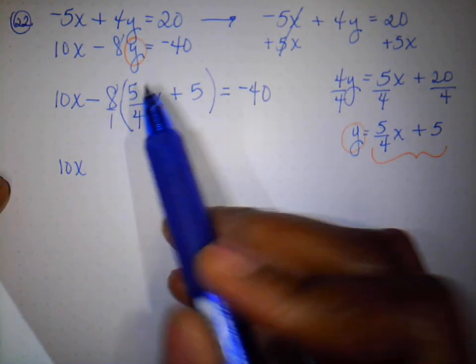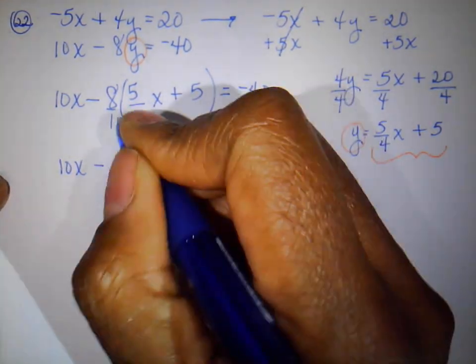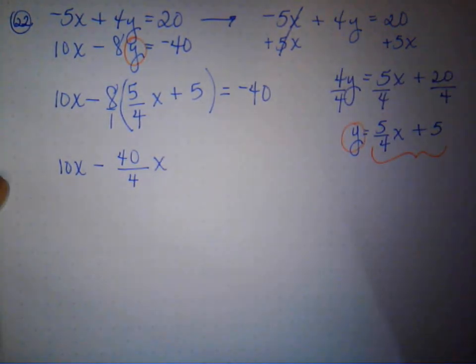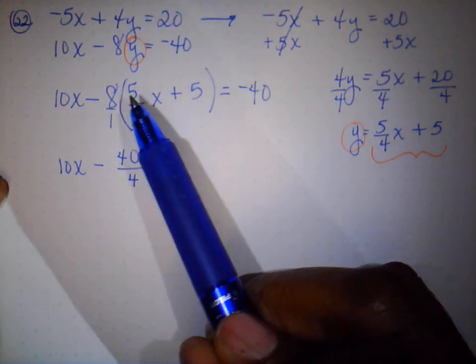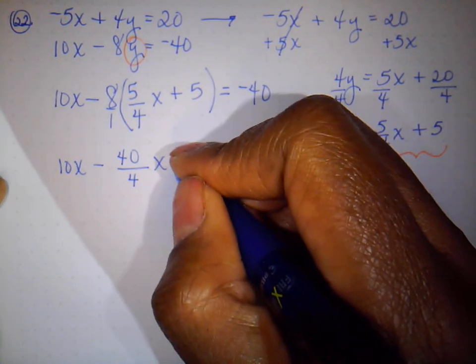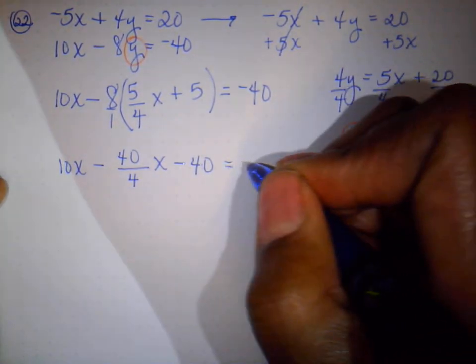Negative 8 times 5 is negative 40, so this is going to be minus 40 over 1 times 4 is 4x. Some of you already can see that it's going to simplify very simply, which is cool. Then I take the same negative 8 and multiply it by this 5, so it's going to be minus 40. Equals negative 40.